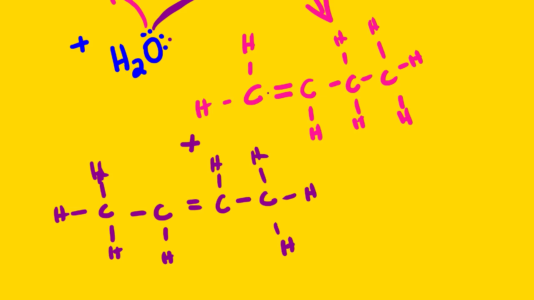So you can see the difference here. The double bond is between the first carbon and the second, whilst here it is between the third and the second. And then by the way, the mechanism is actually complete, and we can put our hydronium.